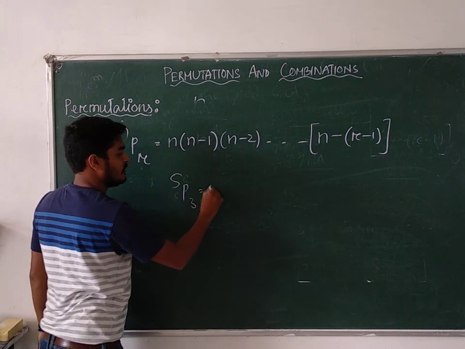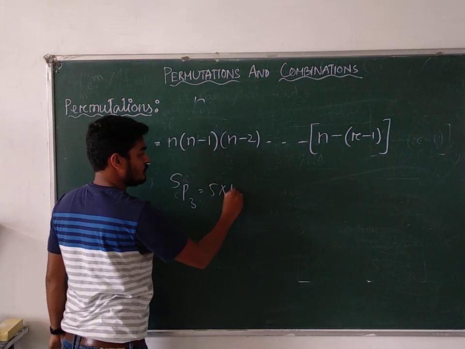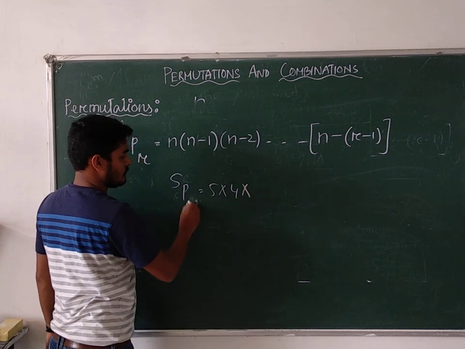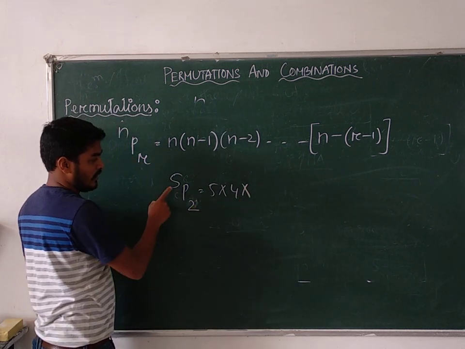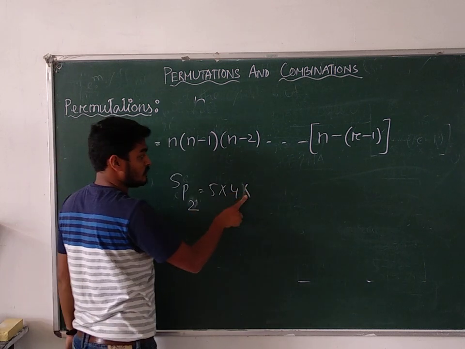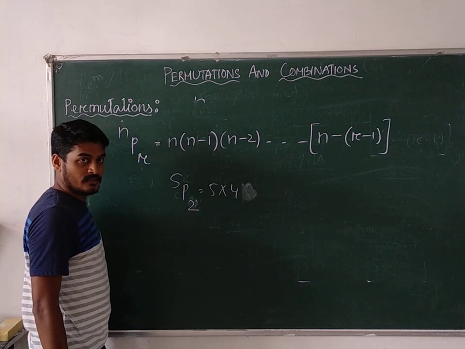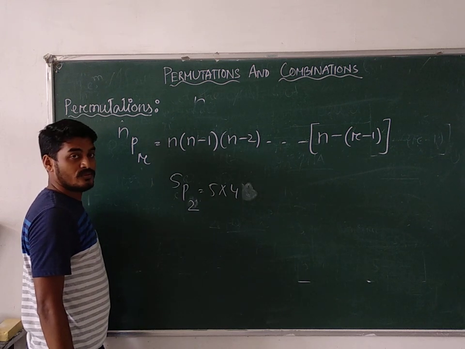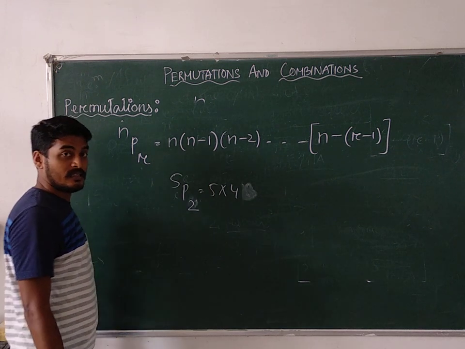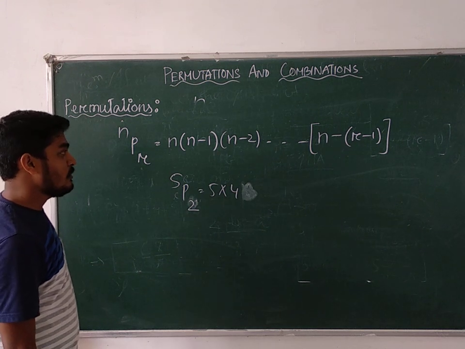5P3 means 5 into 4 into... suppose 2. How many terms will be there in the expansion? 2 terms will be there. 5 into 4. Correct? Is it clear? So in this way you have to write down the answer.